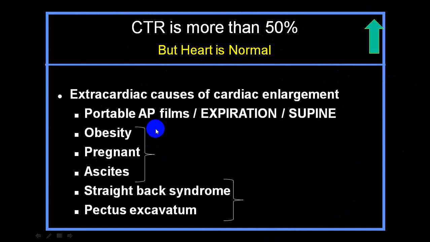And we have already told you that if it is an AP view, in expiration, or if the X-ray is taken in a supine posture, or there is a rotation, or a shift of the mediastinum, it will give you a false interpretation of cardiac size.